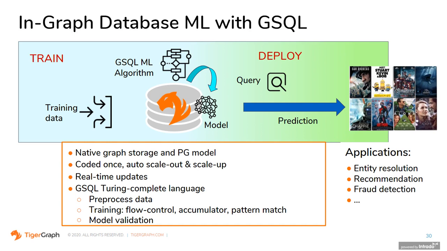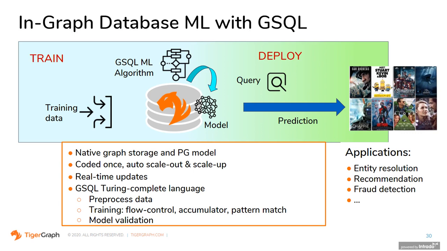But once you do that, you again deploy it by, for example, a transaction comes in. You do an analysis of graph properties based on that user and that card. And you see what does the model say about those property values?